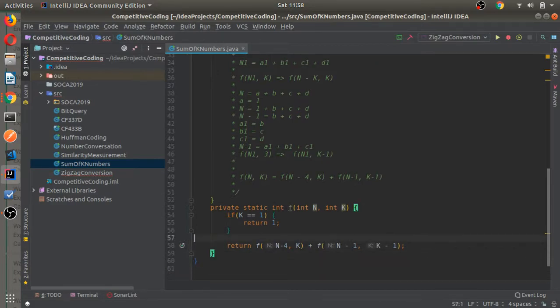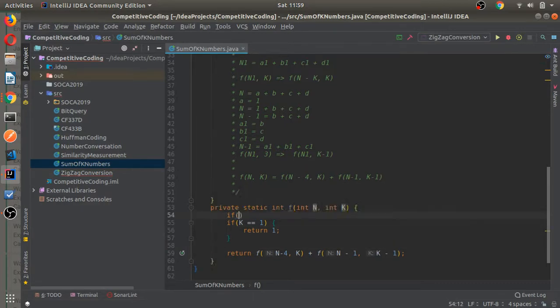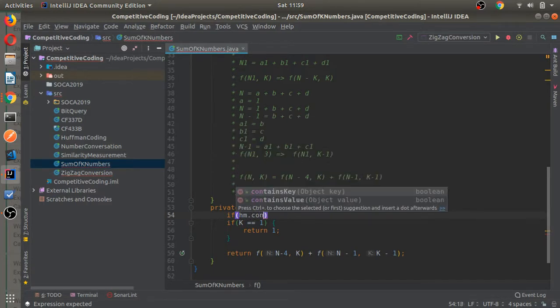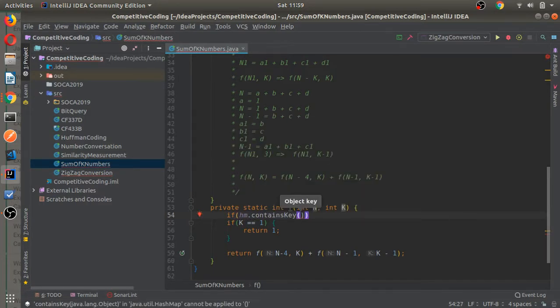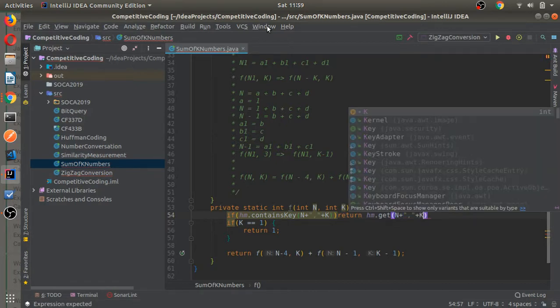Now here, if hm dot contains key n plus comma plus k, then return hm dot get n plus comma plus k.